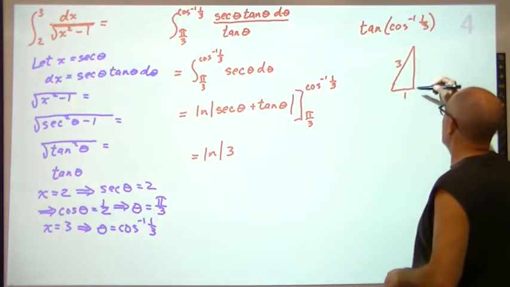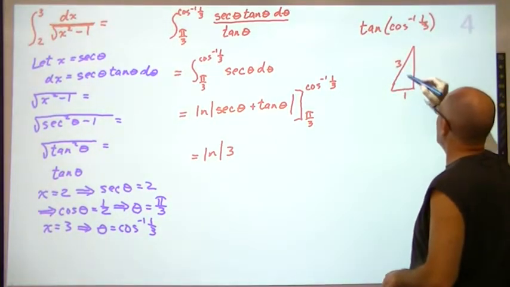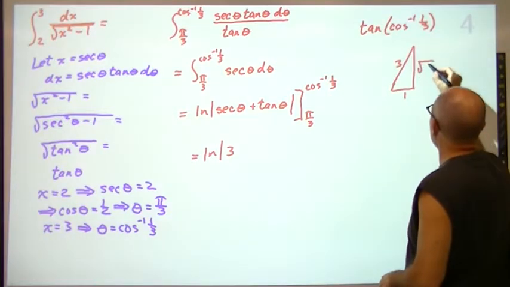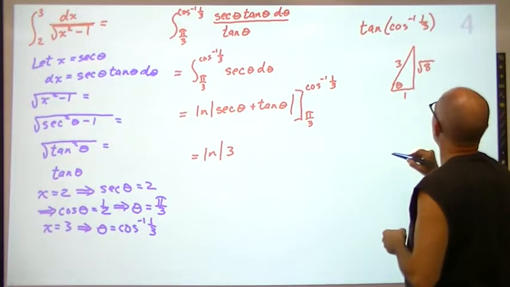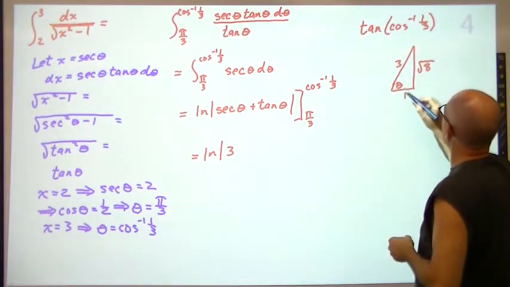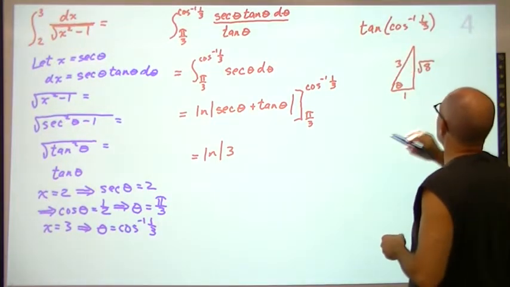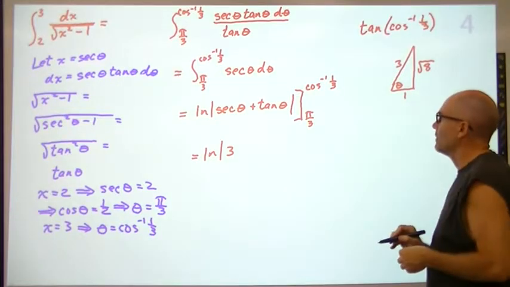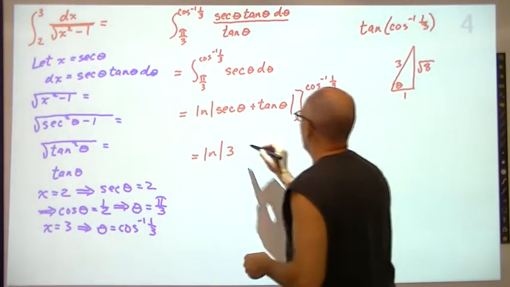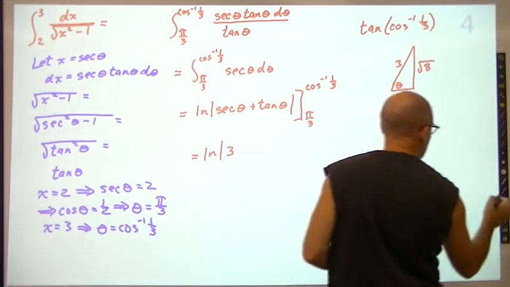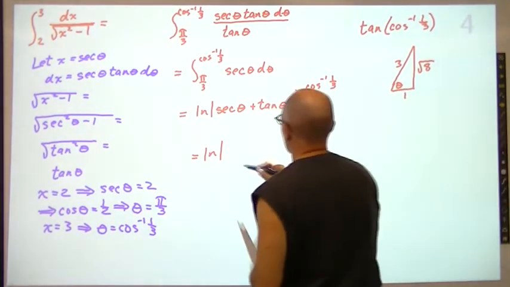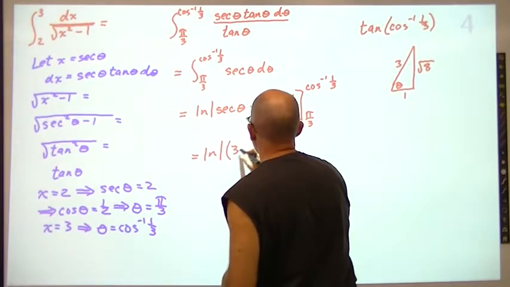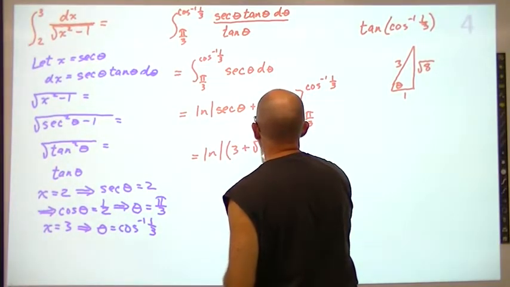Now, what's the hypotenuse? Well, 9 minus 1 is 8. So this is my theta, inverse cosine of 1/3. What's tangent of that? Square root of 8 over 1. So this becomes 3 plus square root of 8.